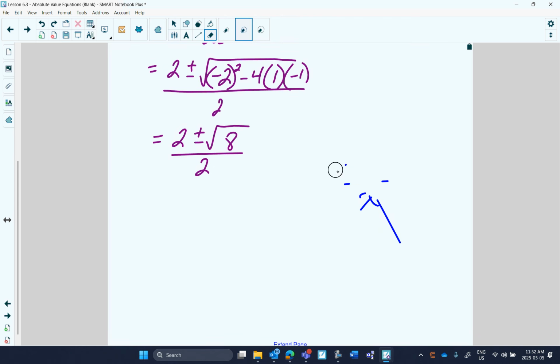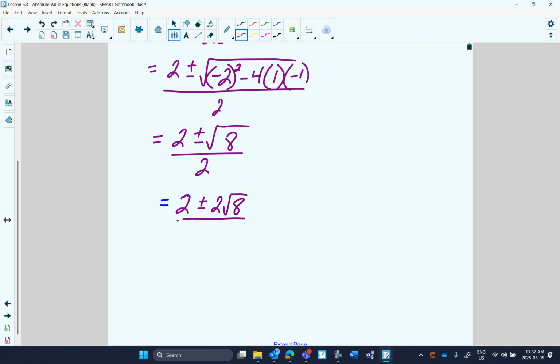Anyway. 2 plus or minus the square root. This simplifies to 2 root 2. Now I can divide all of them. Yeah, it's 2 root 2. What's wrong with you? So what's the final answer?